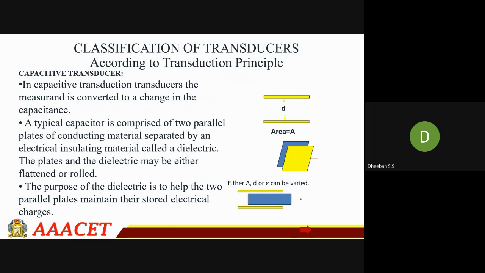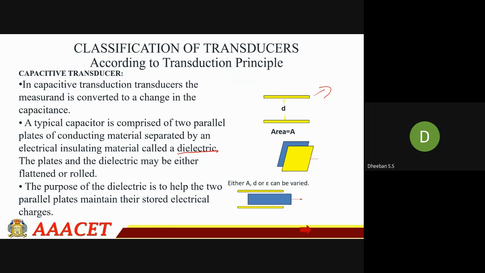So based upon the capacitance value, the capacitive transduction occurs. A typical capacitor comprises two electrode plates, separated by an insulating medium, which is also called the dielectric.